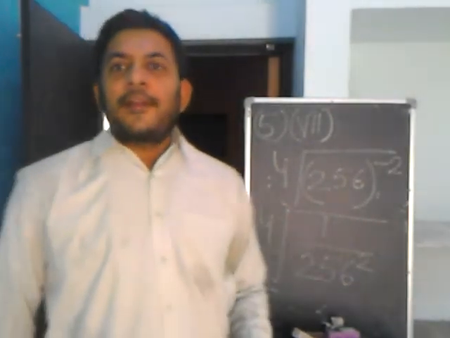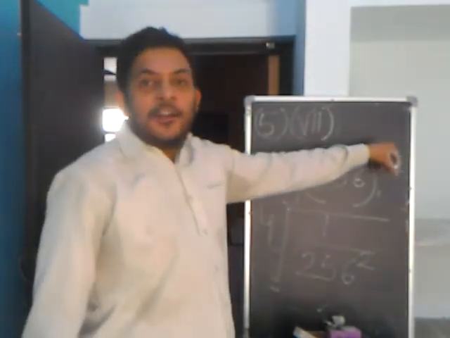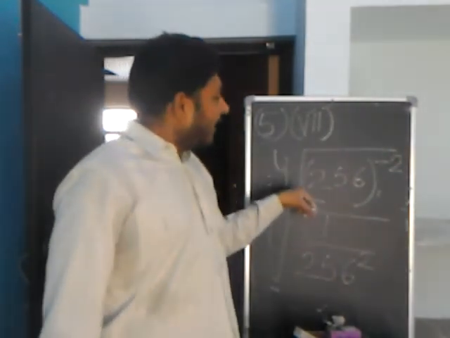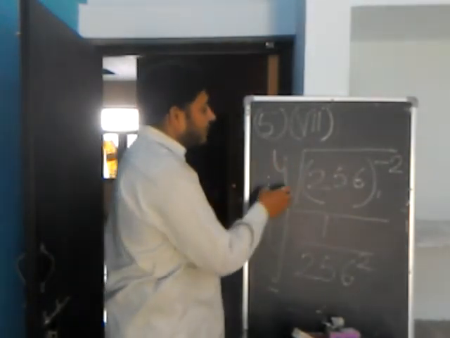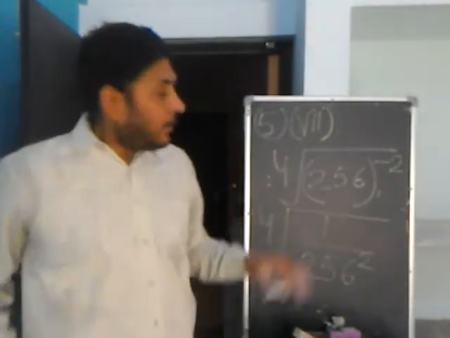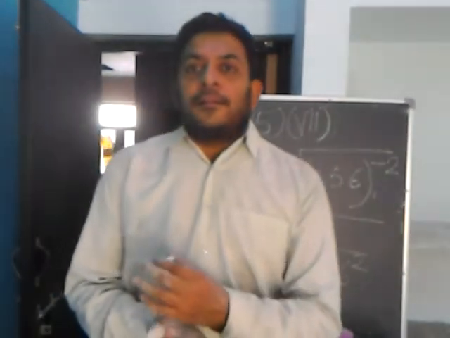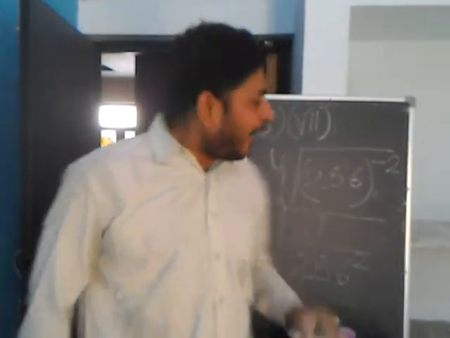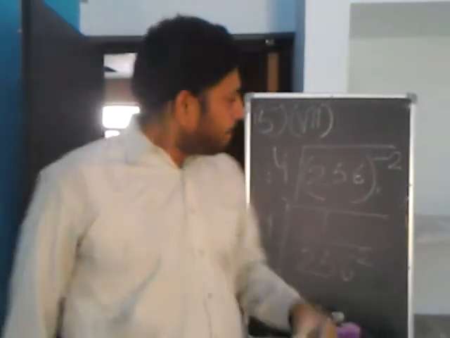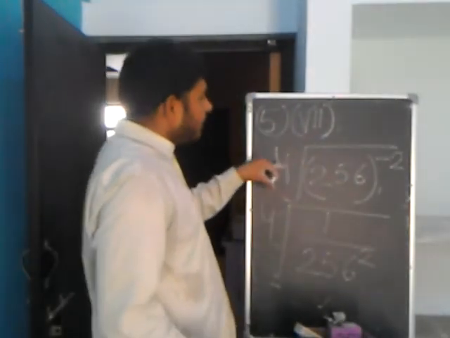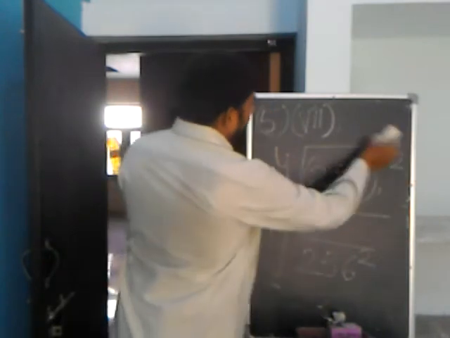Now I have said that if there is a sign of root and we are having some digit outside of it, then it will be a power in rational number, and the number given outside will go into the denominator. So I shall wipe it and write it again.